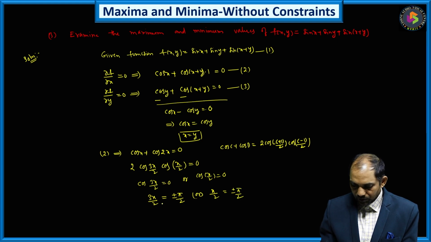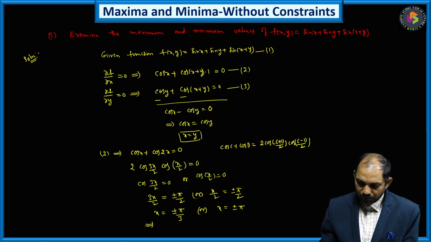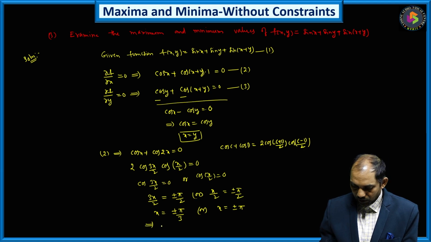On both sides the 2 and 2 cancel. We get x equal to plus or minus pi by 3, and from the other, x equal to plus or minus pi. When x is plus or minus pi by 3, from the relation x equal to y, y is also plus or minus pi by 3, or when x is plus or minus pi, y is also plus or minus pi.